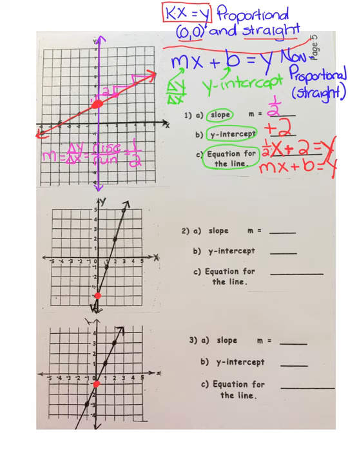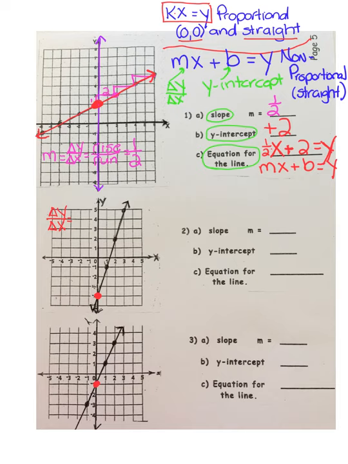Now let's move on to the next problem. Problem 2. Let's find the slope. We can start here at -4 and figure out the rise and the run. Our change in y, that's our movement up or down, and our change in x, that's our movement sideways, known as our rise on top and our run in the denominator.